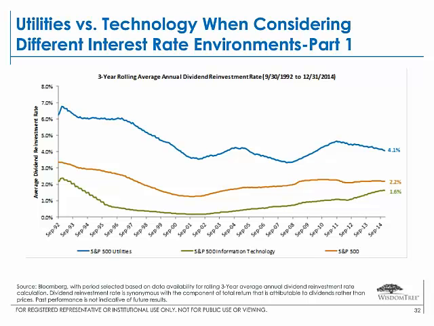We're resurrecting that average annual dividend reinvestment rate, which is just the difference between the price return and the total return. The key thing is not necessarily the exact numbers. The key thing is that utilities are consistently higher than the market, whereas technology is consistently lower than the market, as shown by the orange line.